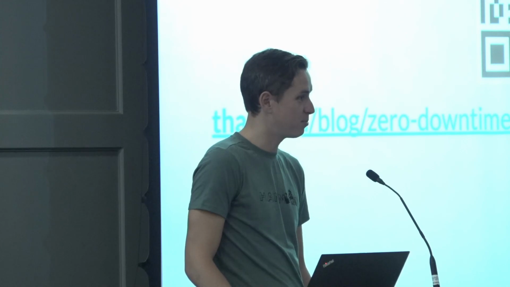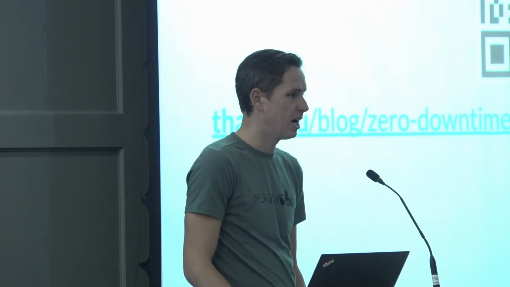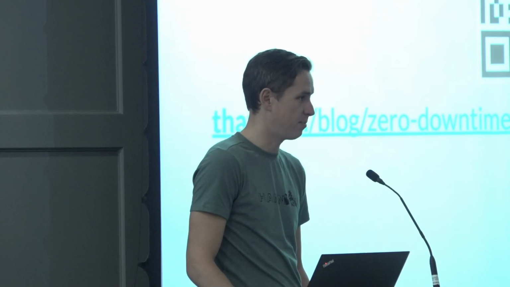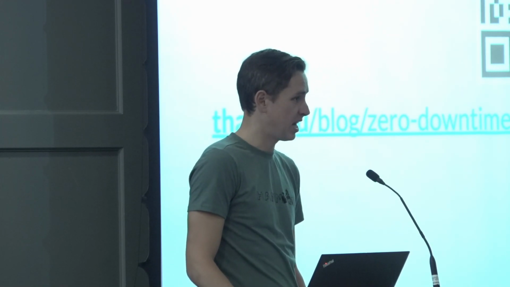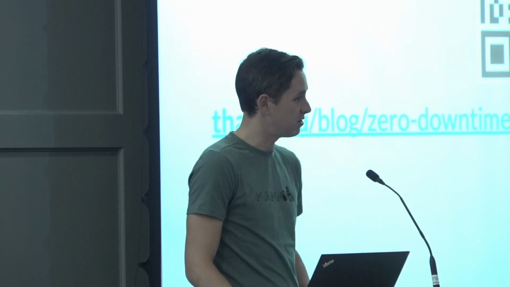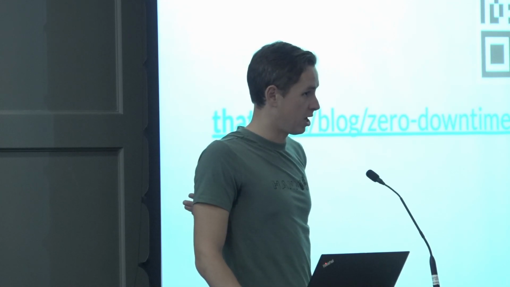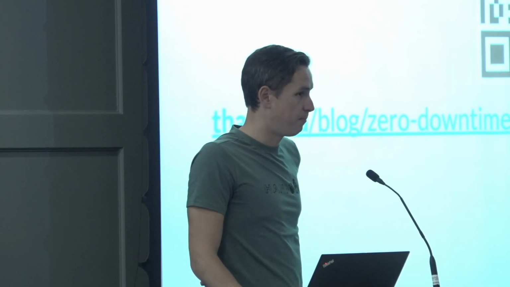OpenStack has a policy of two core reviewers, two plus twos, because we use Gerrit. So for any given migration, at least three people should have looked over that migration. But obviously that's fallible. People are fallible. So the second thing we have is extensive unit tests for all of our migrations that insist that contract operations aren't allowed into particular branches.